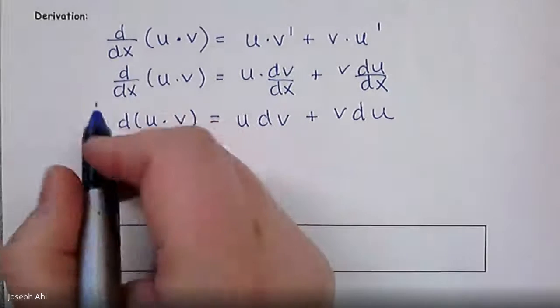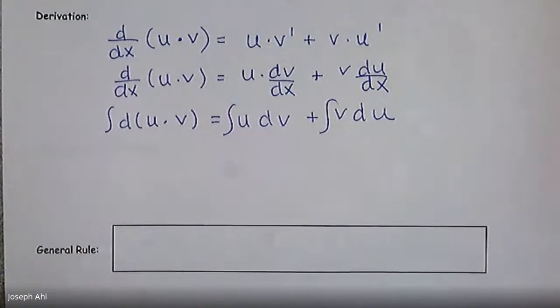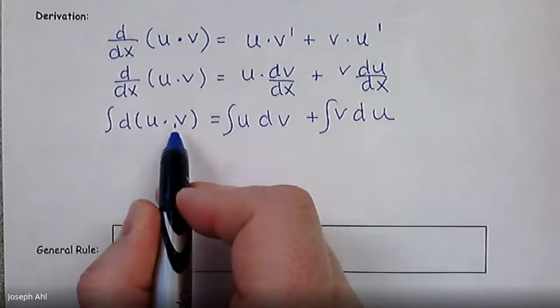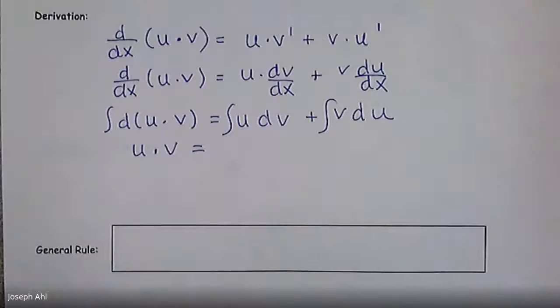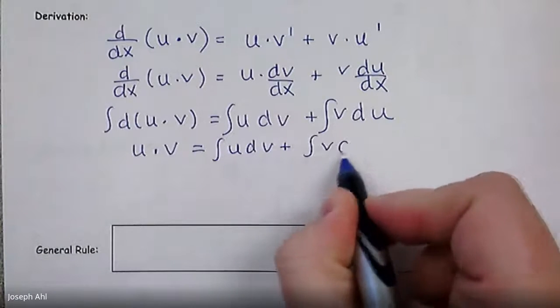What we're going to do with this step is introduce an integral along the way here. Okay, so the integral of the derivative of u times v, isn't that just u times v, right? And on the other side, we get the integral of u dv plus the integral of v du.